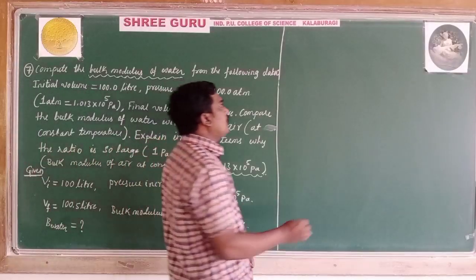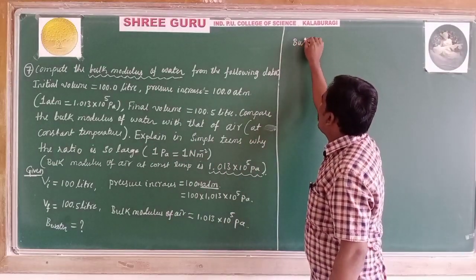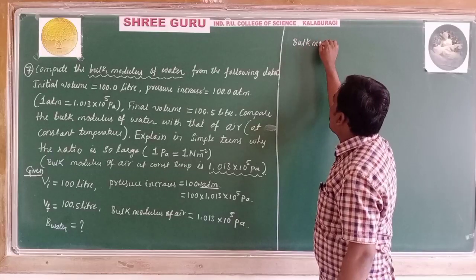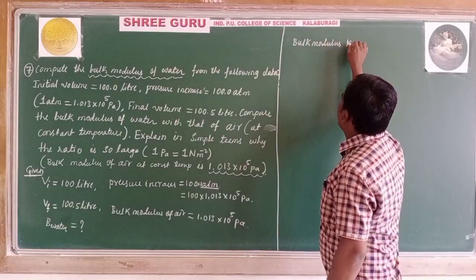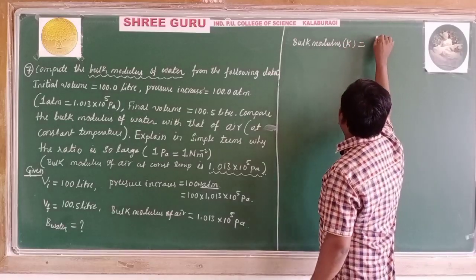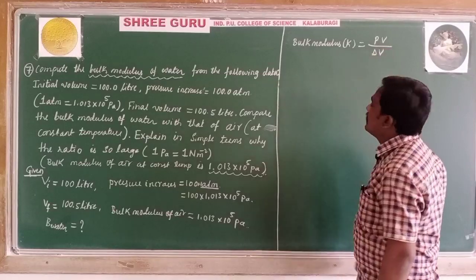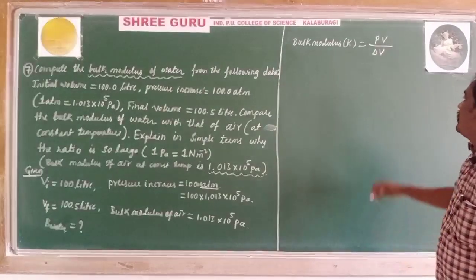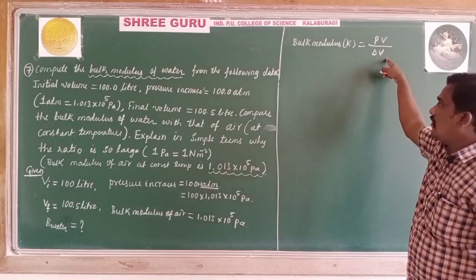Now, what is the formula for bulk modulus? Bulk modulus, which is K, is equal to PV by delta V. Pressure, and this is the volume, and this is the change in volume.